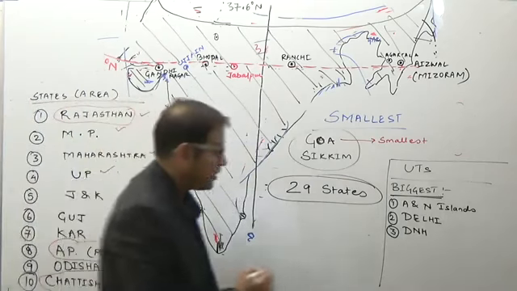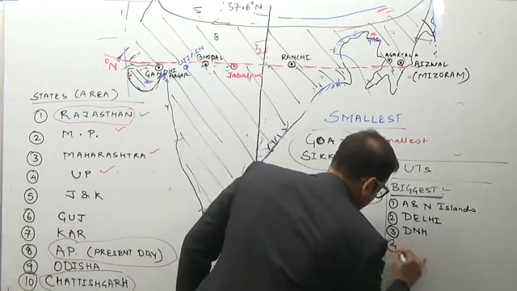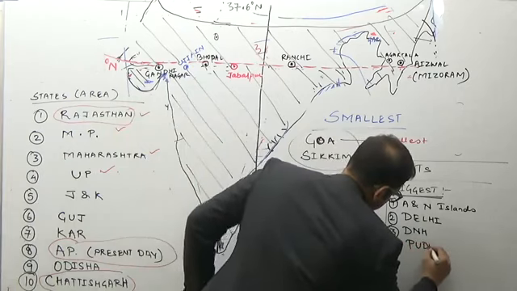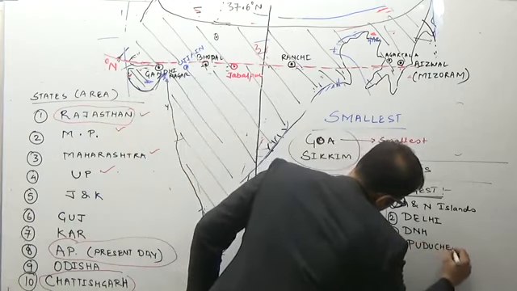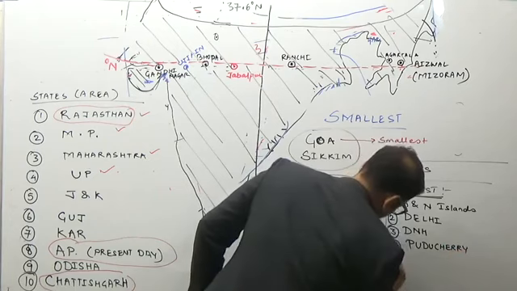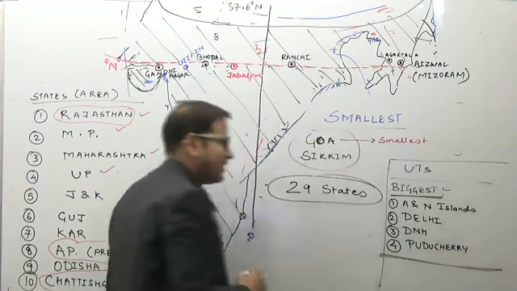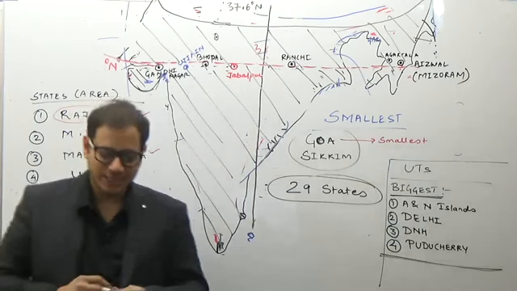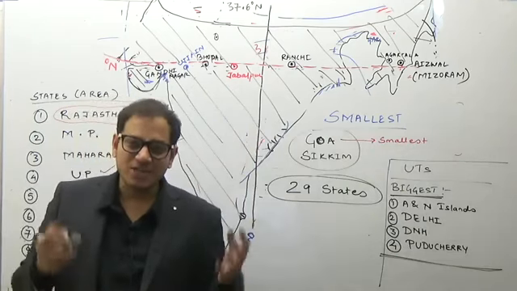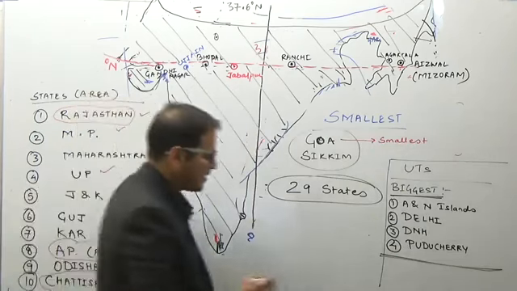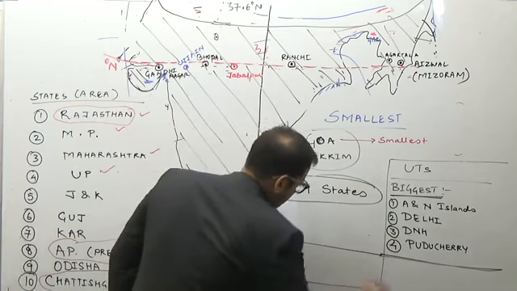And the fourth biggest Union Territory is Puducherry. After that, the smallest Union Territory is the Union Territory of Lakshadweep.